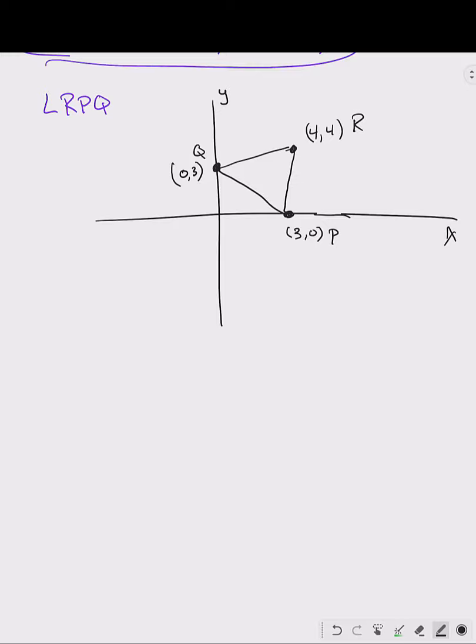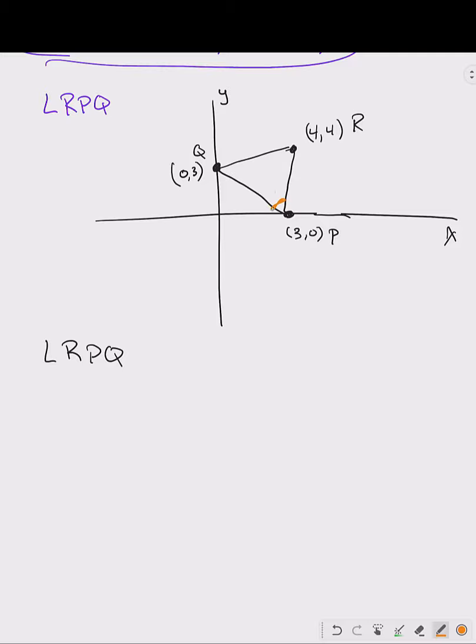So I have this triangle that connects those 3 points. And for angle RPQ, we're talking about that angle that is formed right there.